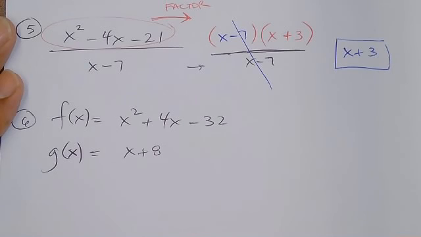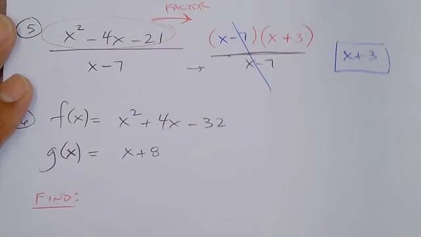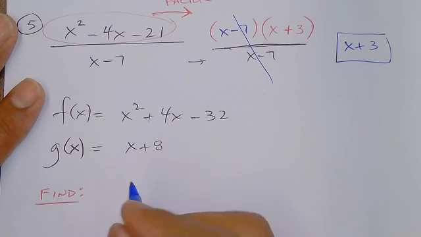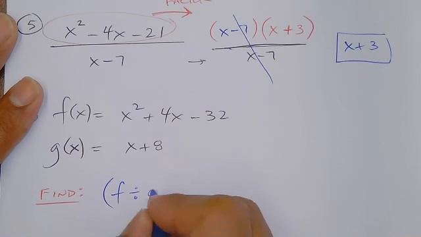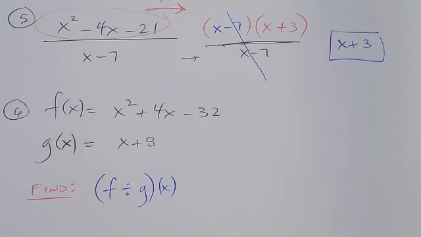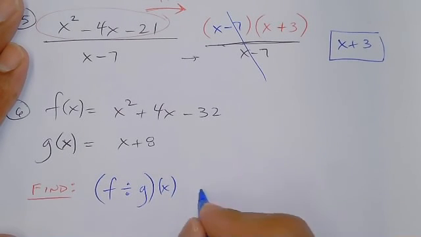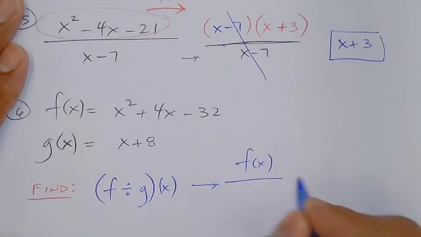They're going to use functions, and then they're going to say, okay, find, and again, on Delta Math, it'll say parentheses f divided by g of x. Remember that? Okay, so then you're like, well, what does this mean?